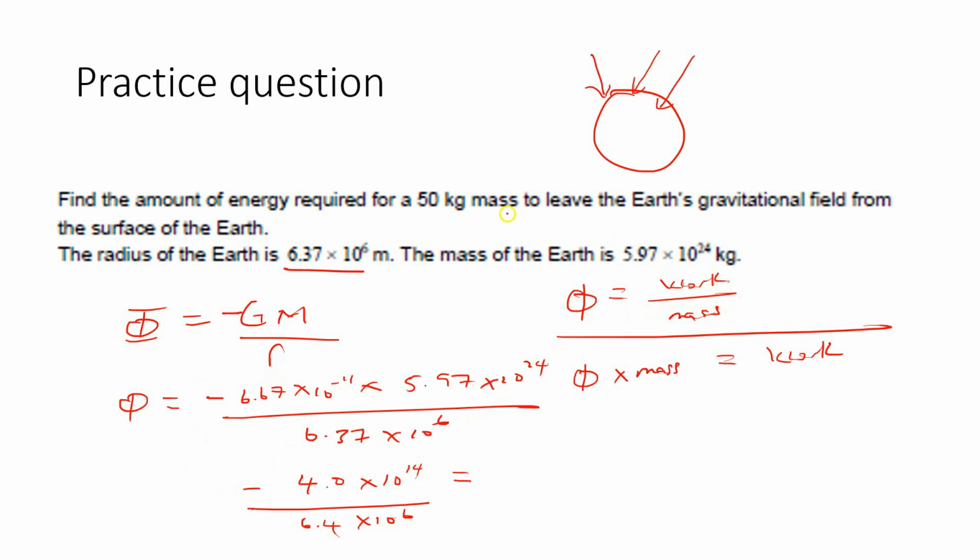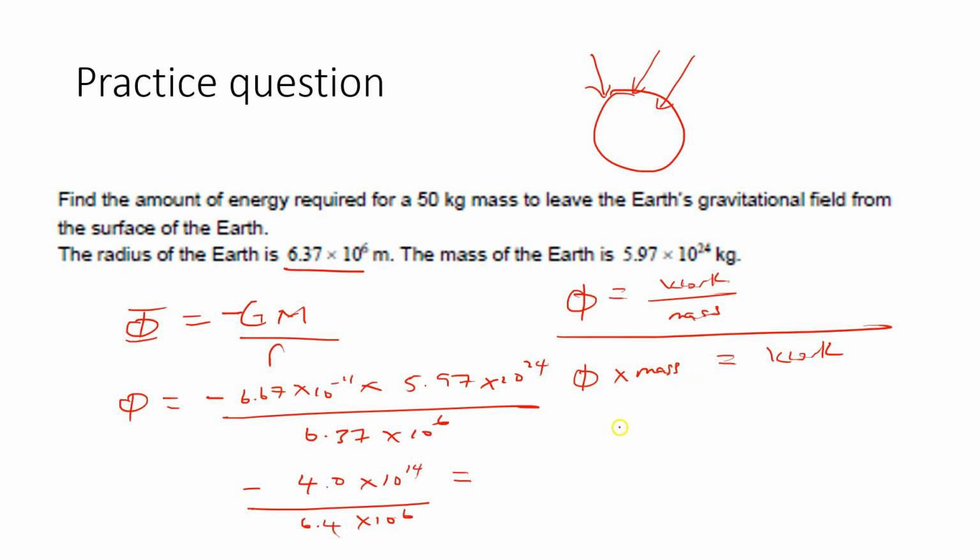Now, the work in this equation is the amount of energy that will be required to move the object outside of the Earth's gravitational field. So we could transpose the equation to make work the subject. Work is equal to the gravitational potential times the mass.